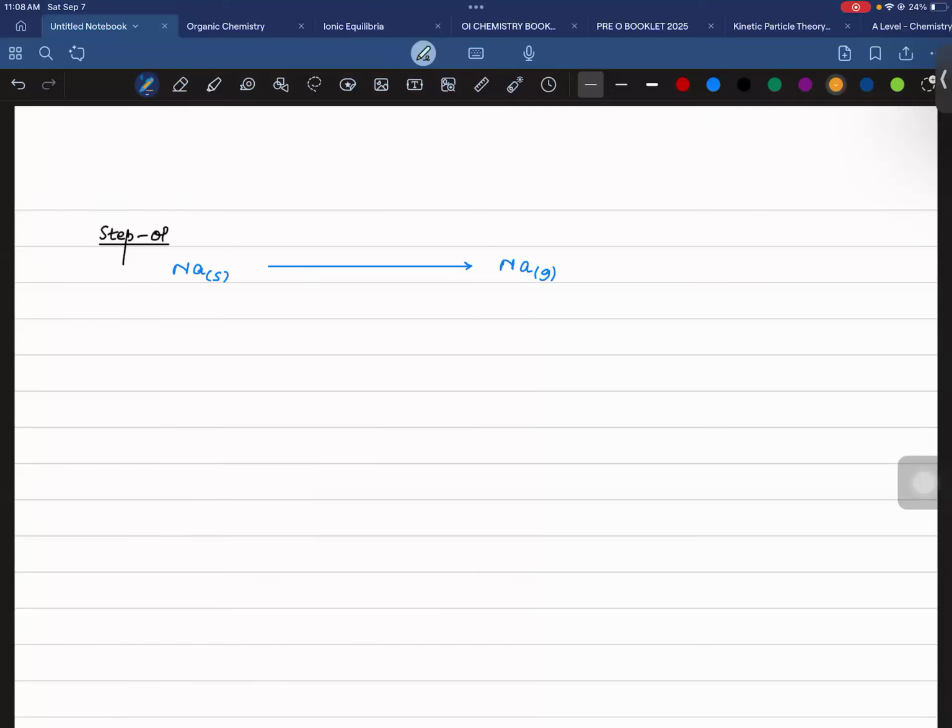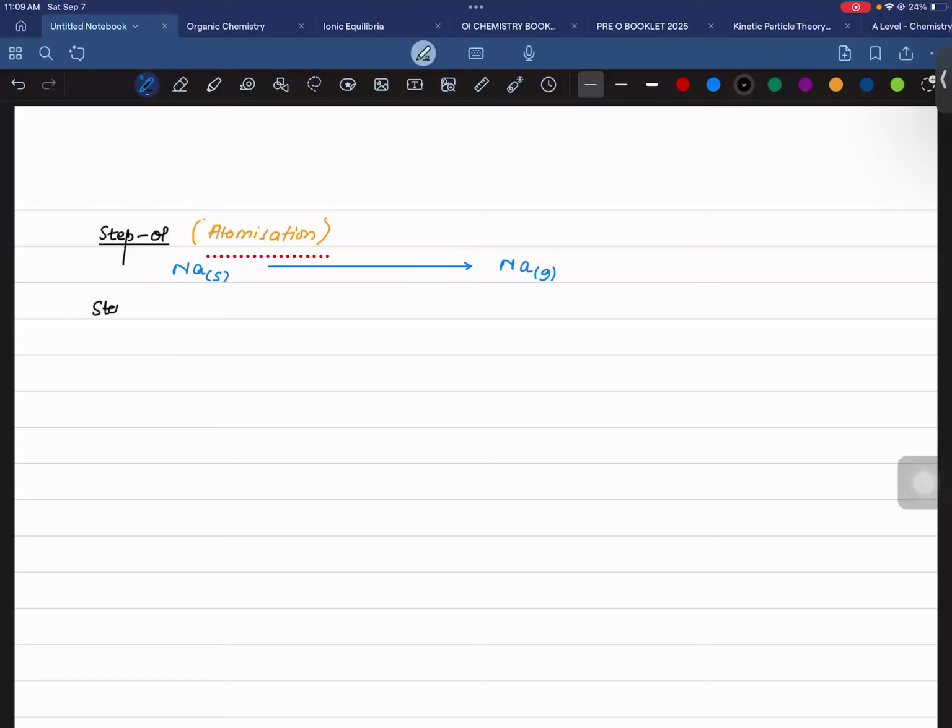Yes, this is sublimation, also called atomization. Exactly, this is atomization.